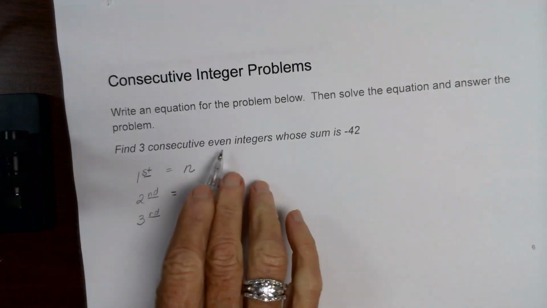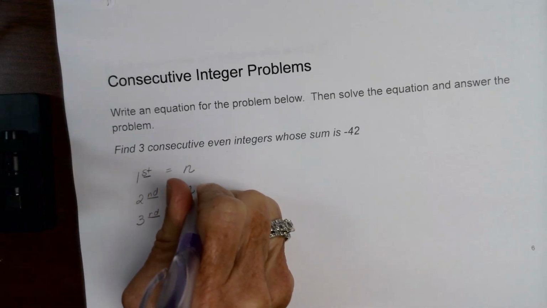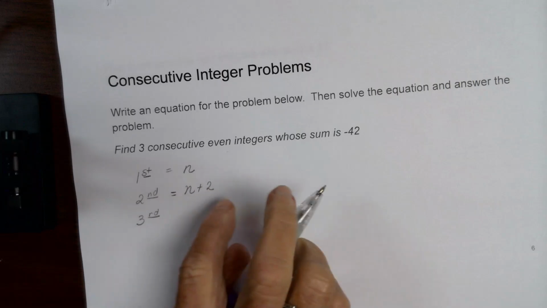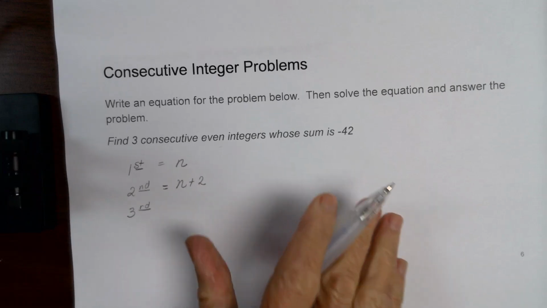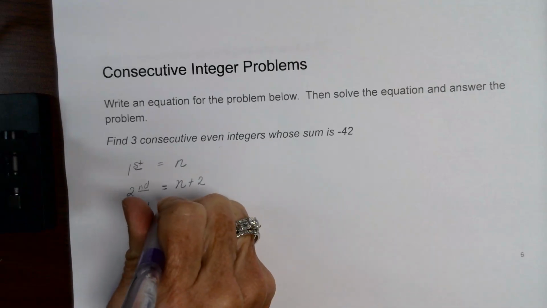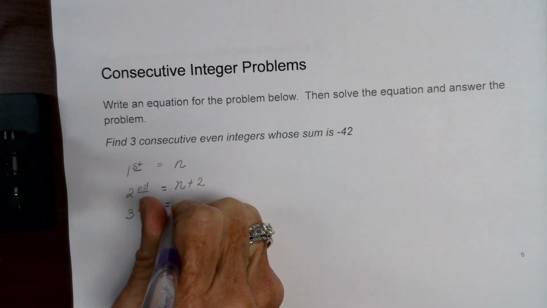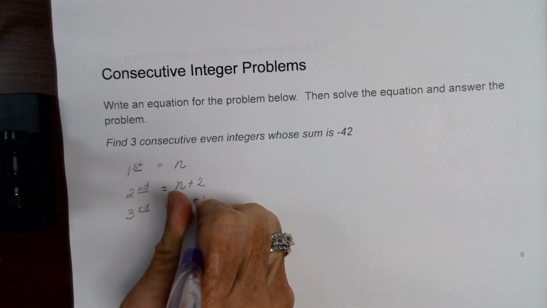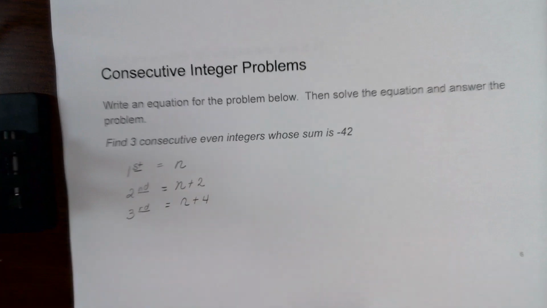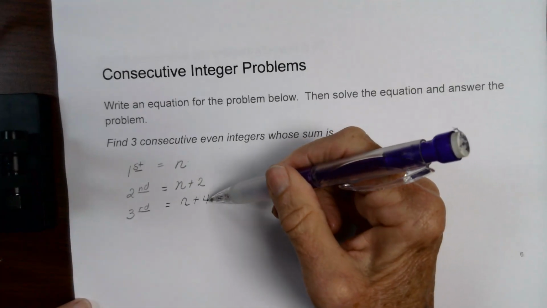To get the next even integer, I would have to add n plus 2. Because if I add n plus 1 for the second integer, that is going to give me an odd number. Remember, with the even numbers, you're skipping 1 in between. So this third integer would be n plus 4. So like if this was 2, this would be 4, and this would be 6.